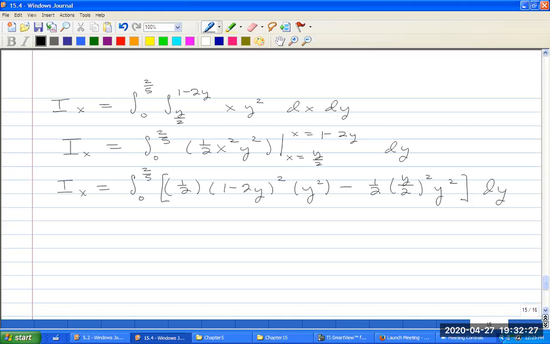So this is equal to the integral from 0 to 2/5 of, let's square that.